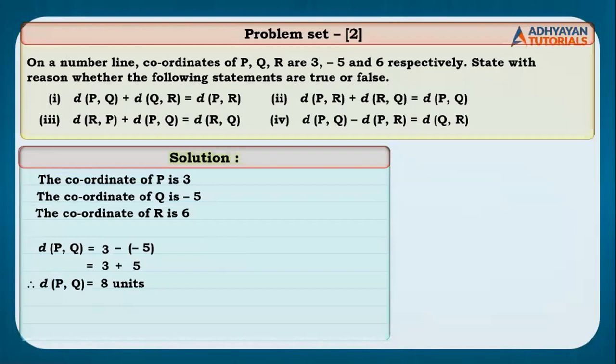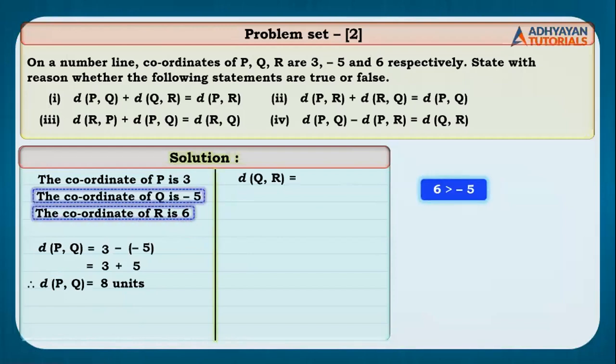Now we find distance QR and distance PR. Distance QR would be nothing but, for QR you check these two coordinates, minus 5 and 6. Which of the two is the greater coordinate? 6, and the smaller is minus 5. So it has to be greater coordinate minus smaller, that is 6 minus of minus 5. So what is minus into minus?